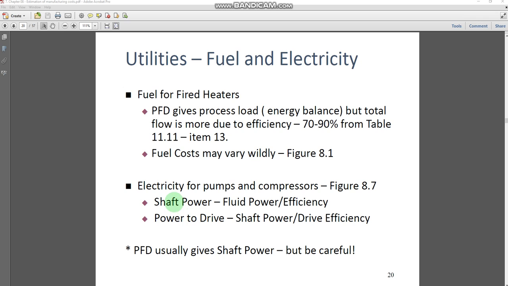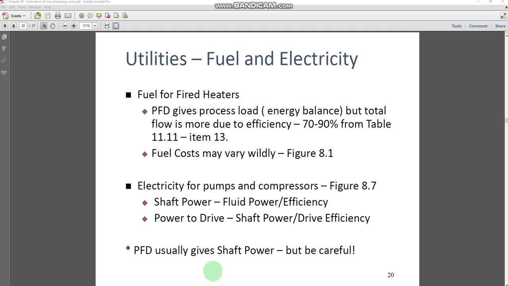Okay, so whatever information you require, you have to see the relevant table or the figure, and there you would see sometimes the shaft power or the overall efficiency, and what could be the relationship between the shaft power and the efficiency. Okay, so you would find this kind of information from some of the figures that we will see. Okay, PFD usually gives shaft power, but be careful.